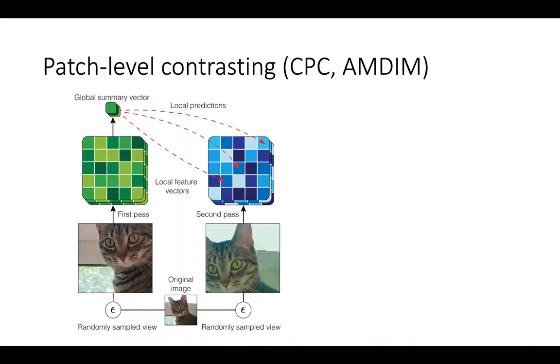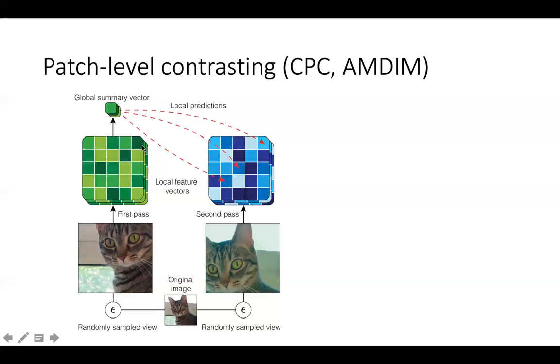And there are other contrastive learning approaches which try to have a large number of negatives, but with a small batch size. So how do people do this in the CPC paper and AMDIM paper? Well, they have one image. They also have two different augmented views.